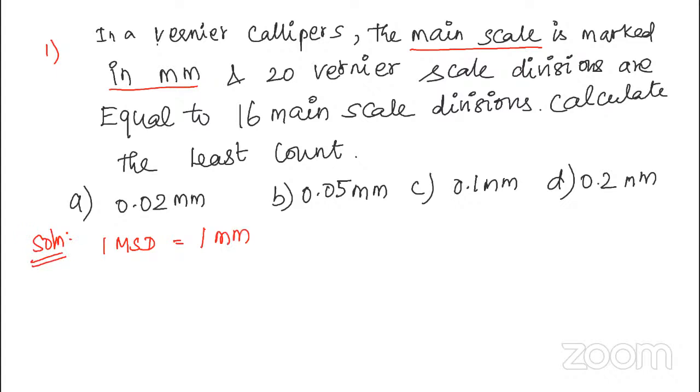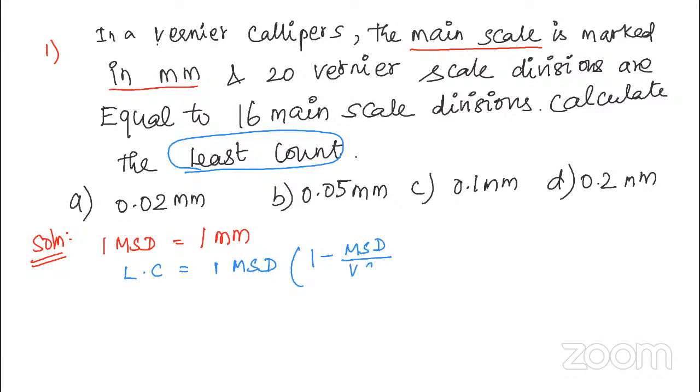Here they are asking for the least count, so now write the least count formula: least count is equal to 1 MSD into 1 minus MSD divided by VSD. Now substitute these values.